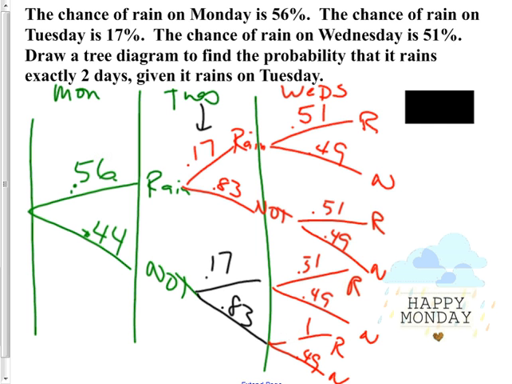Now it's just a little too messy. There we go. Now we made this huge chart.